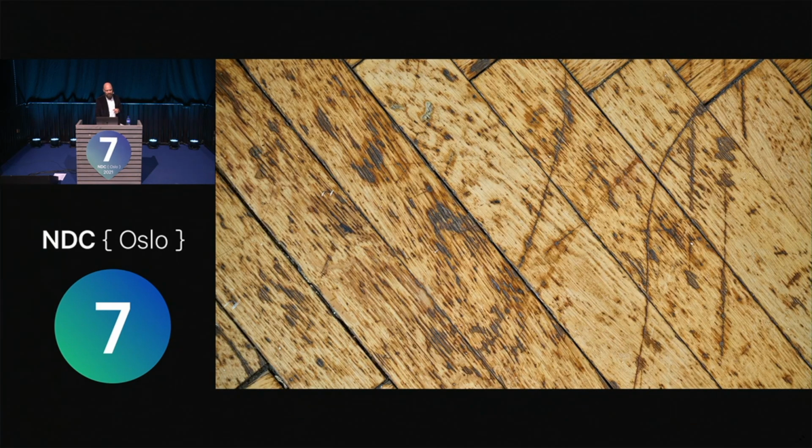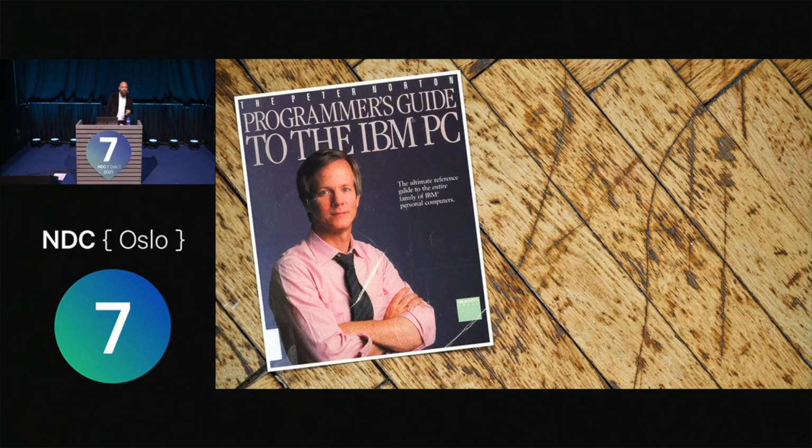And this was a bit of a special virus because, as you might remember, Neil McAllister, he was fond of blowing up public phones. He didn't know anything about computer programming. But he went out and bought the Peter Norton Pink Shirt book, which at the time was the guide to programming anything on the IBM PC.